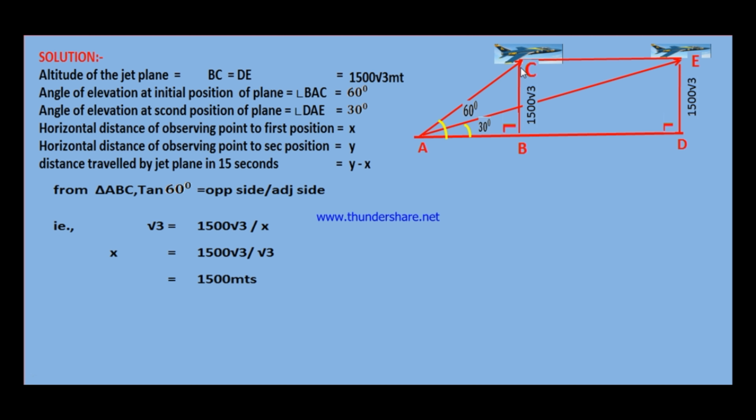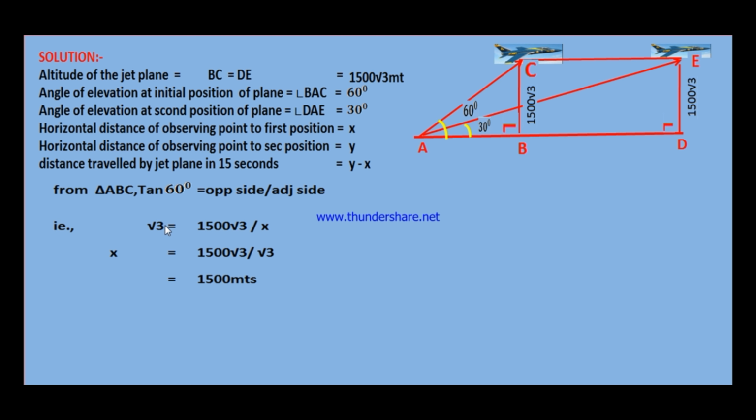Now let us consider the triangle ABC. From this triangle ABC, angle A is equal to 60 degrees, and we know the opposite side to 60 degrees is 1500 root 3. And let us find the adjacent side AB. Now the trigonometrical ratio having the relation between opposite side and adjacent side is tangent. Therefore tan 60 degrees is equal to opposite side by adjacent side.